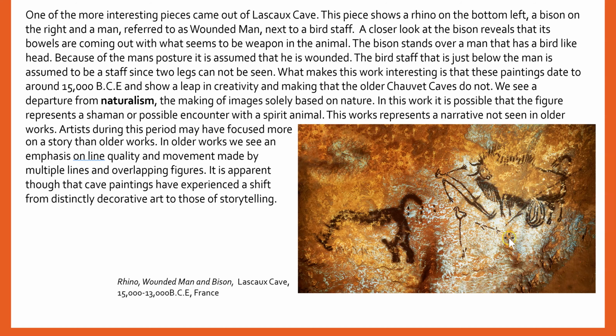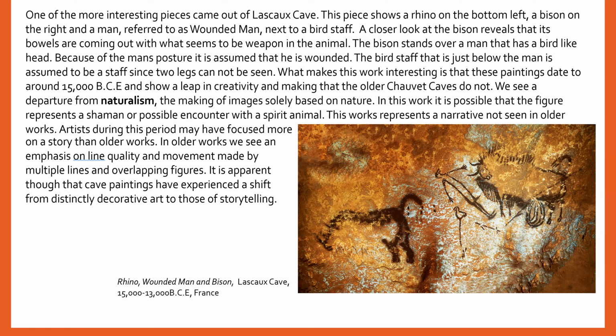But this right here is what we're focusing on, and what's interesting itself is the head, right? Usually we had what's called naturalism in art, which means we're just depicting the way we see it. There's not a lot of self-expression, and here though we see this departure from that.